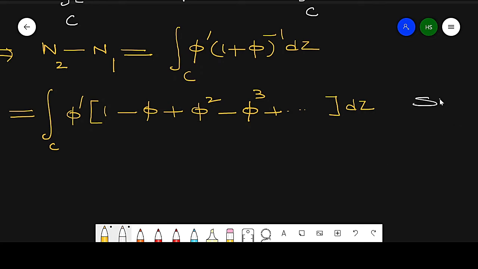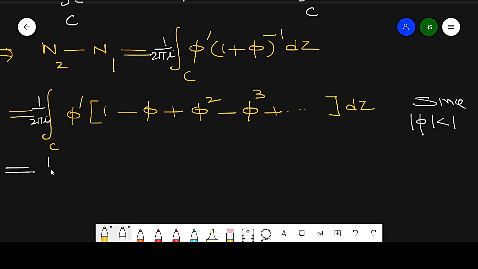It is possible since modulus of phi is less than 1. Also here 1 by 2 pi iota. So remember it.